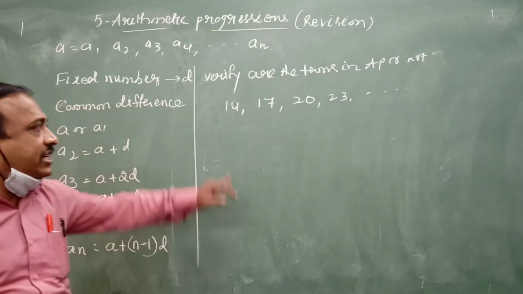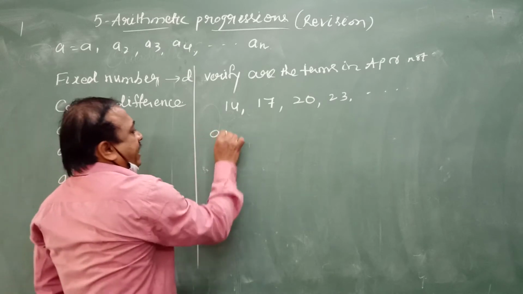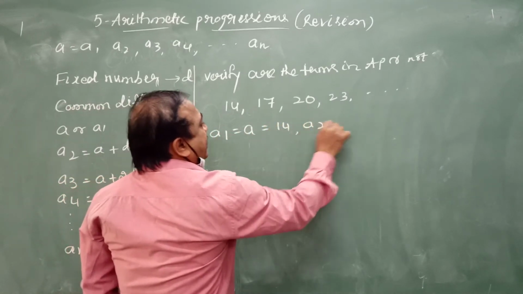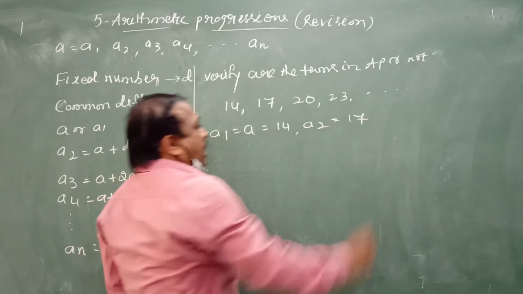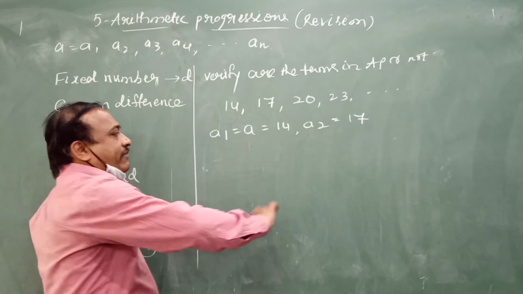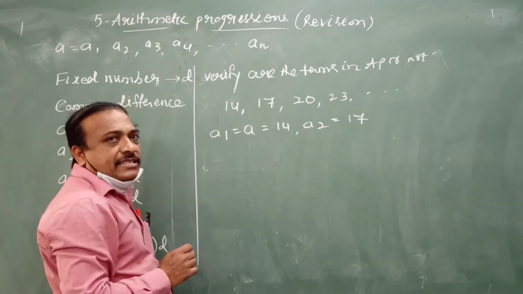What is the first term here? A1 is equal to A, which is equal to 14. A2 is equal to 17. How to obtain the common difference? A2 minus A1, or A3 minus A2, or A4 minus A3.